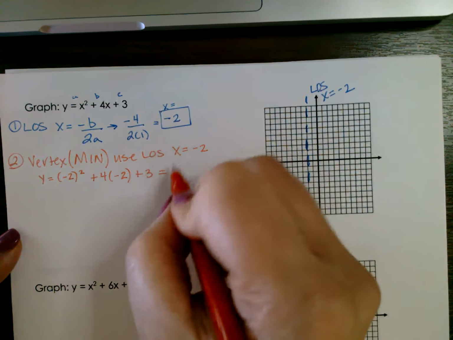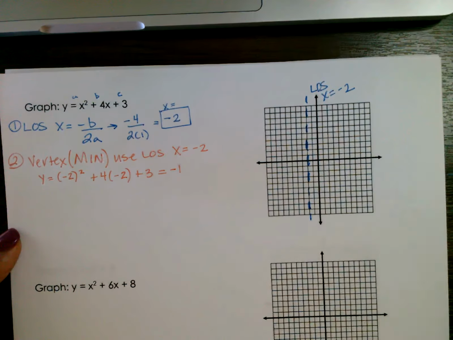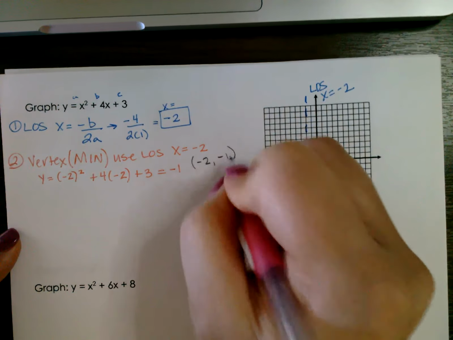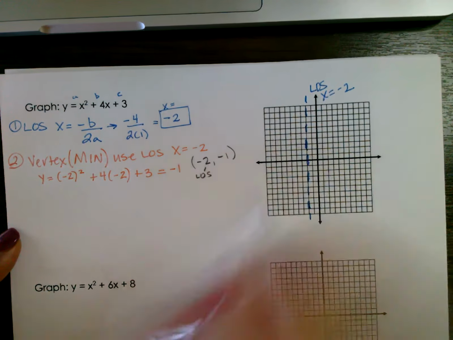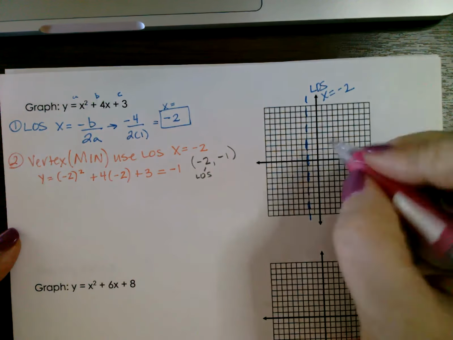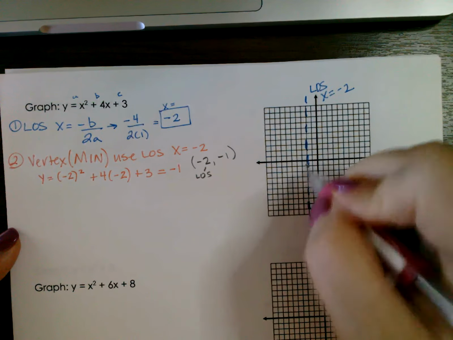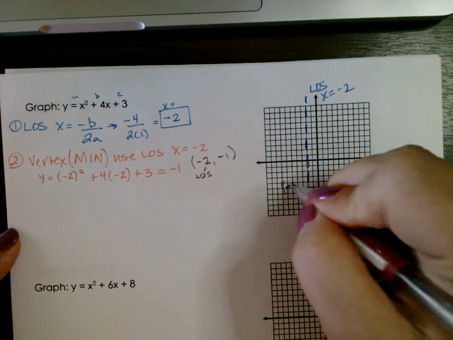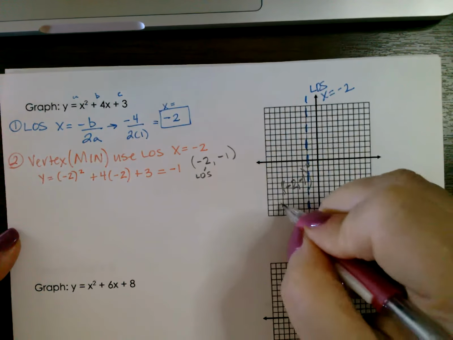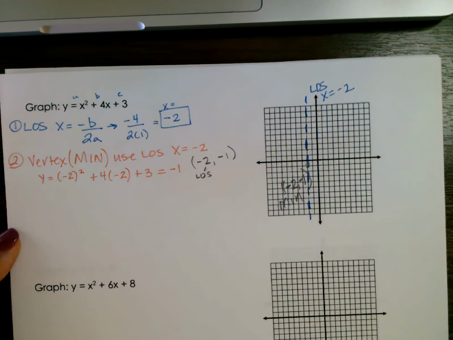When I'm done doing the math, I get negative 1. Therefore, my vertex is negative 2, negative 1. Negative 2 came from the line of symmetry. Negative 1 came from substituting there. So we have a vertex of negative 2, negative 1. It is a minimum.